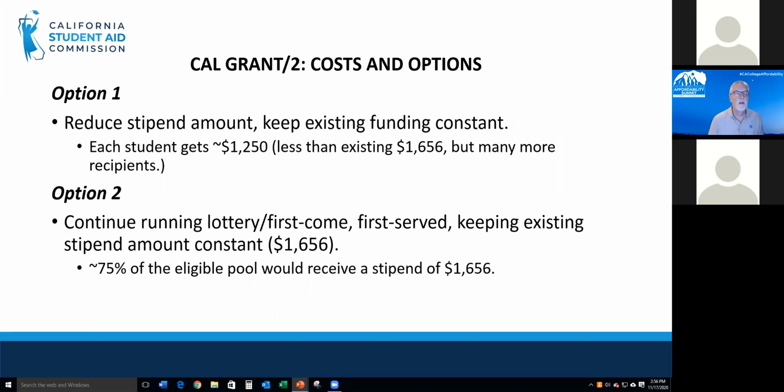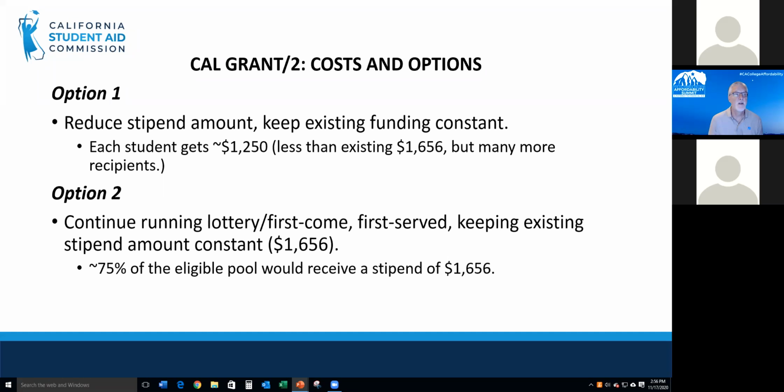I'll give you a couple of options for distributing this $150 million for Cal Grant 2. Option number one, since we are increasing the number of eligible students, we would reduce the stipend amount to accommodate that. So currently stipends are $1,656.